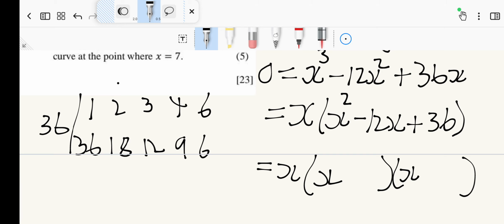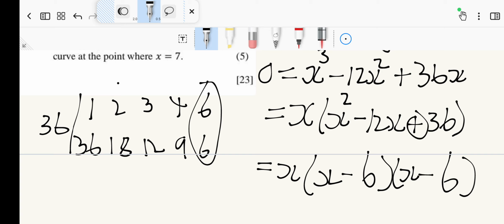Those are all of the factors. Which combination of factors can get me my middle term, which is a minus 12? I'm going to go with 6 and 6. I need a negative 12, so it has to be minus 6 to get my minus 12. Our constant over here is a positive, so we know we need the same sign.